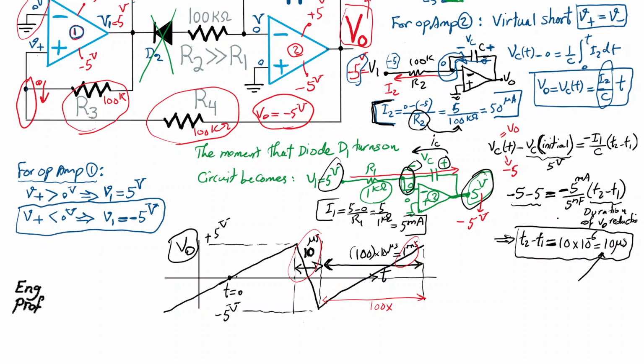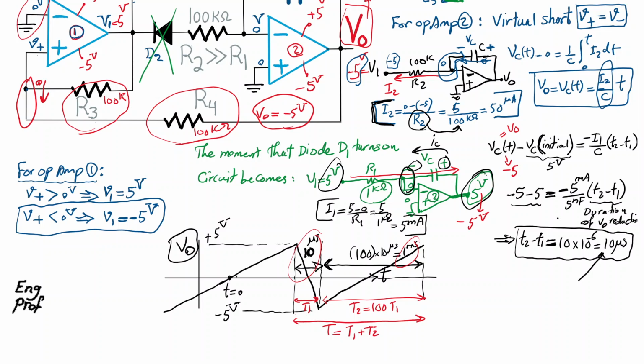So all I'm saying is effectively the overall period for this practical sawtooth is the value of T1 plus 100 times T1, which is T2. That becomes the overall period of this practical sawtooth. So the overall period is equal to the sum of T1 plus T2.